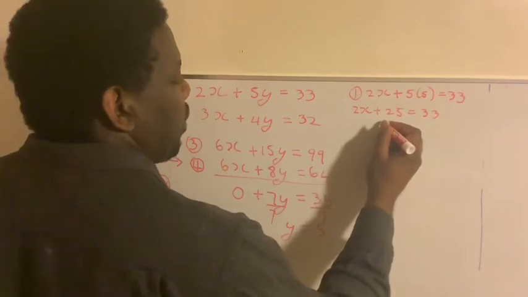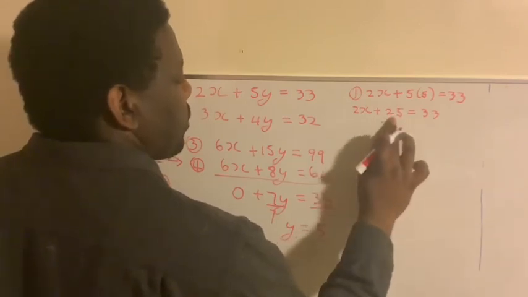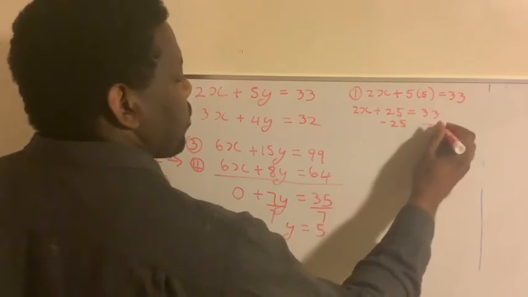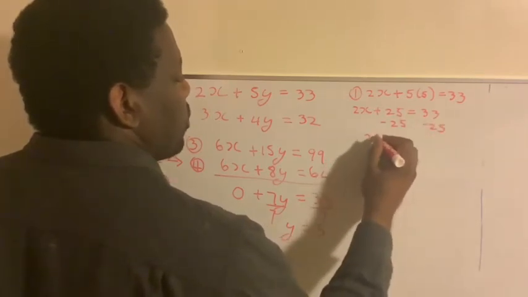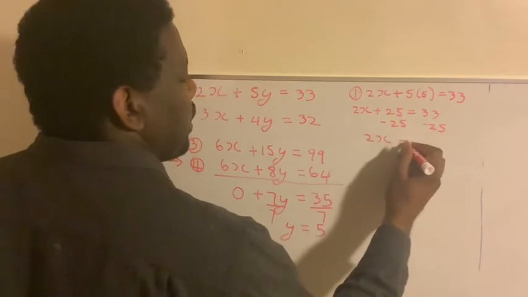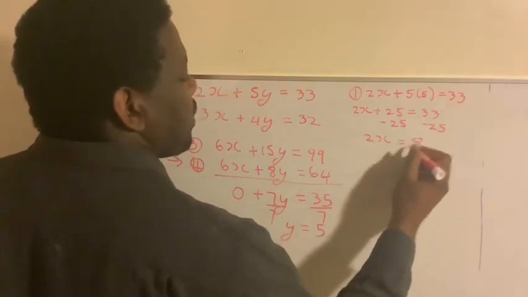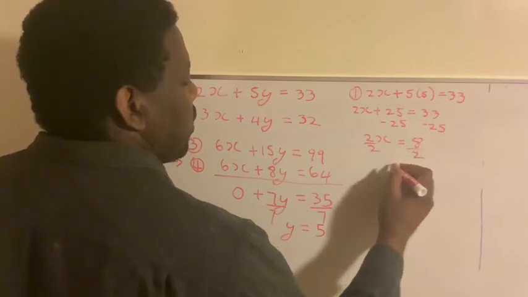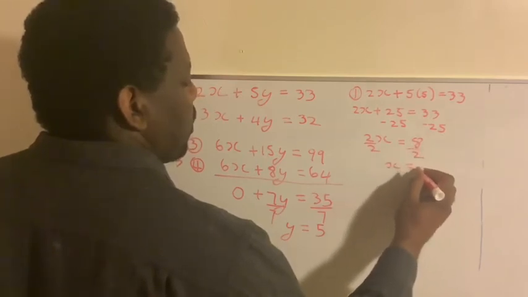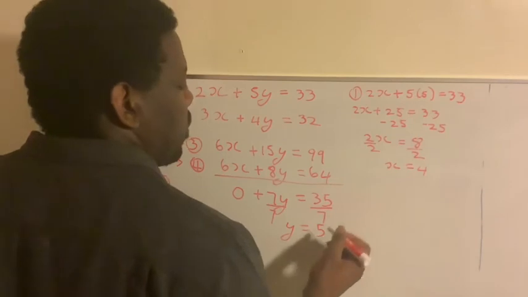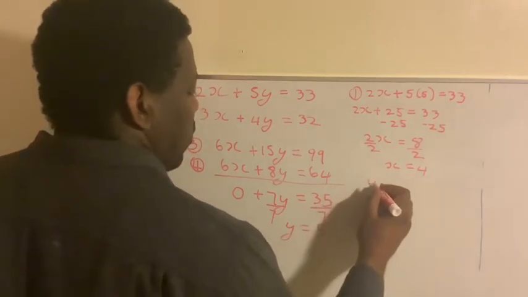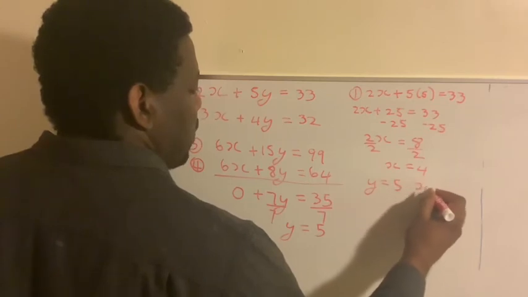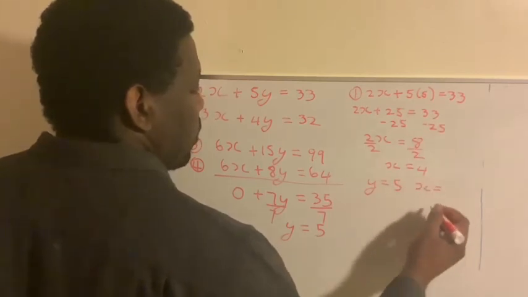We subtract 25 on each side. We have 2x is equal to 8. Now we divide by 2 on each side. We have x is equal to 4. So our final solution is y is equal to 5, x is equal to 4.